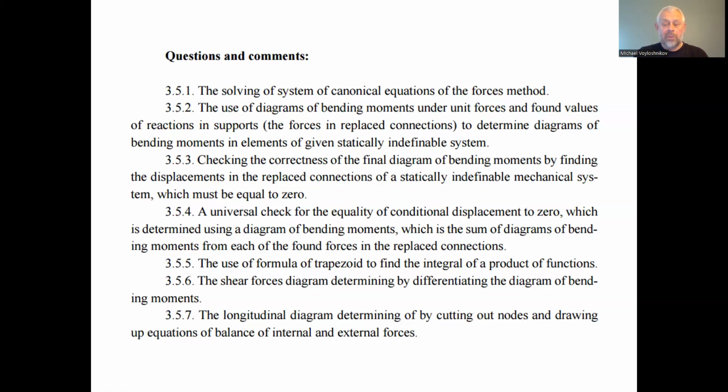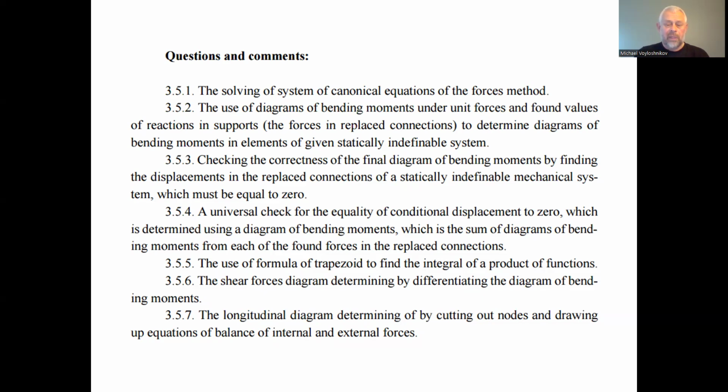But to find it, we use the property of superposition of the diagrams of the bending moments. If we have diagrams of the separately found support reactions and the diagram of the external forces assigned originally, we can find the resulting diagram of the bending moments.